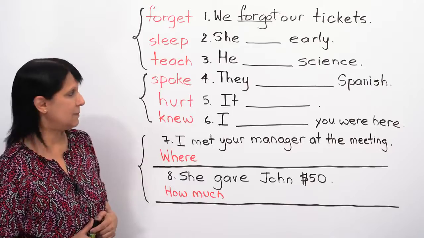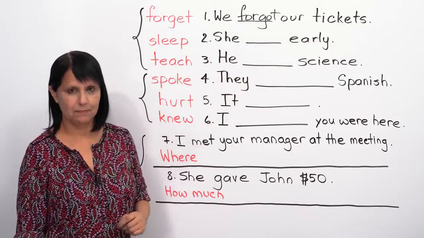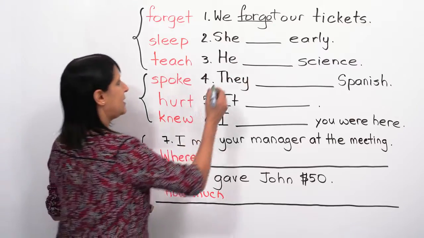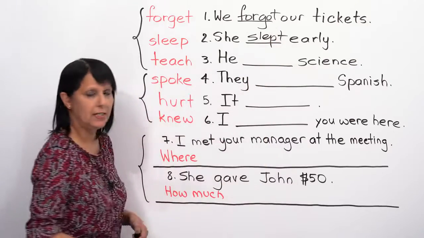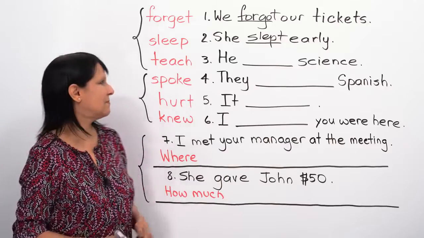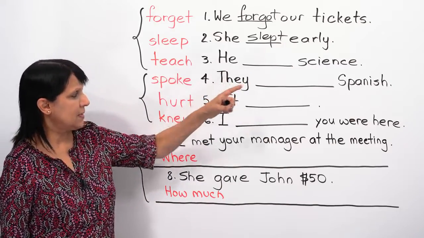Let's change that into the past. She something early. The past tense of sleep is she slept early. Say it after me. Slept. Good. Teach. He something science.